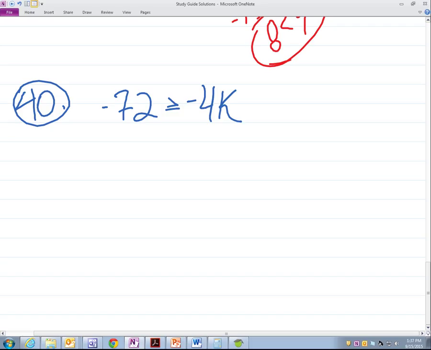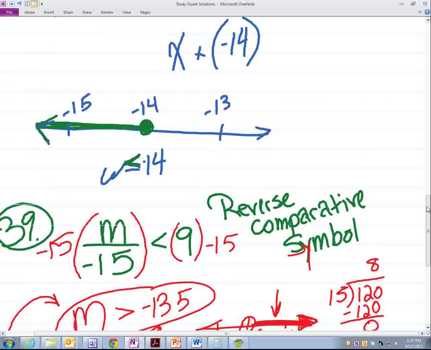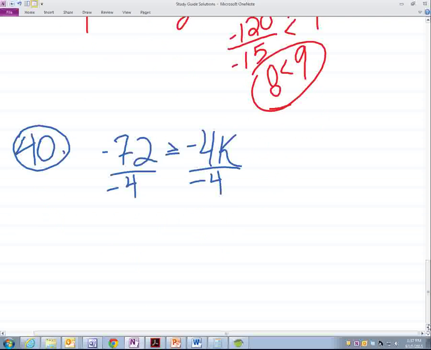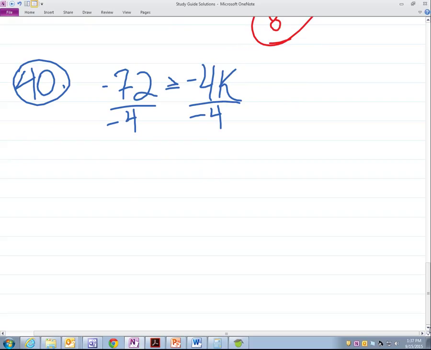So I'm going to divide by negative 4 to both sides. Divide by negative 4. That means that I have to get the reverse comparative. Since I'm multiplying or dividing both sides by a negative, I have to flip the sign. Flipped puts my k over here.